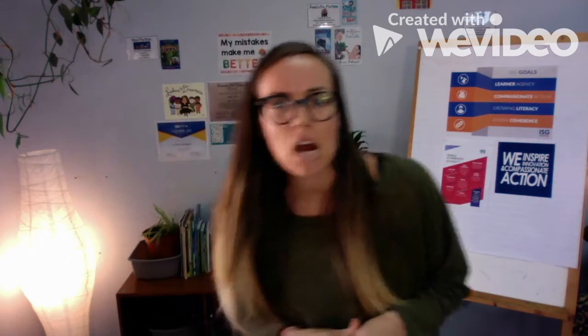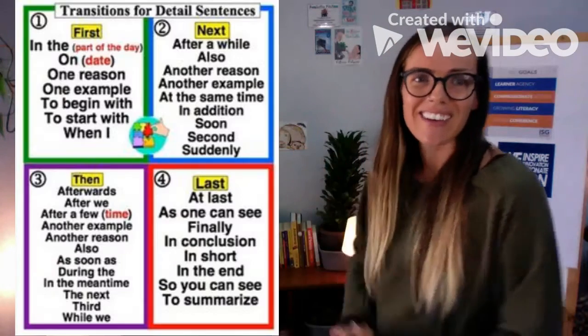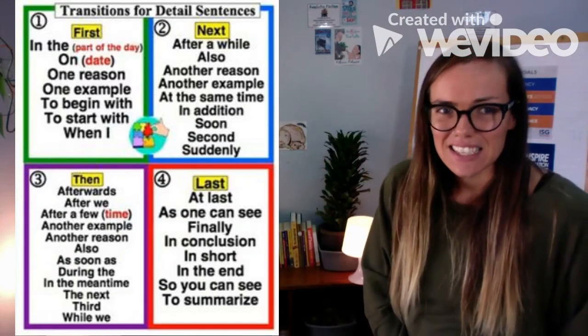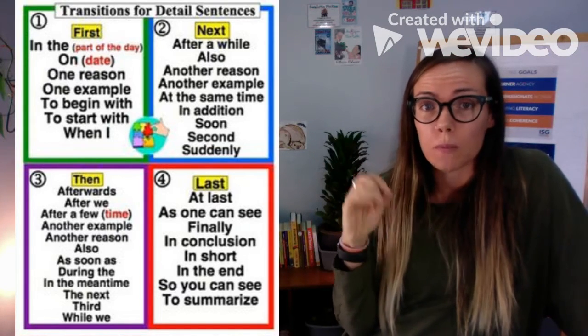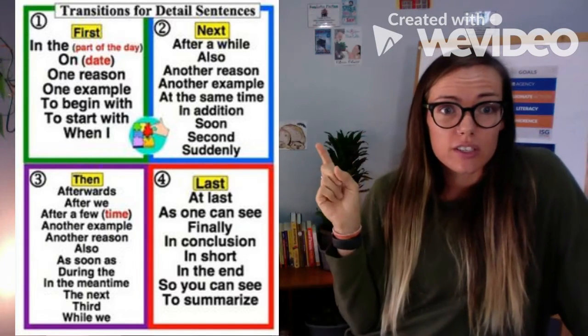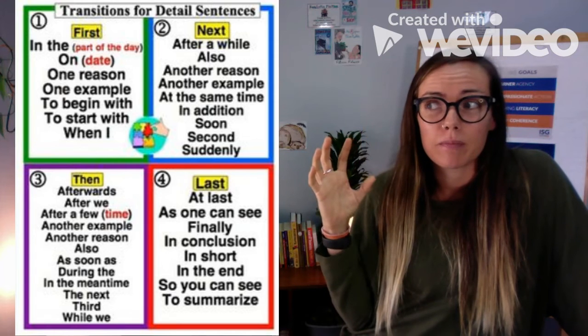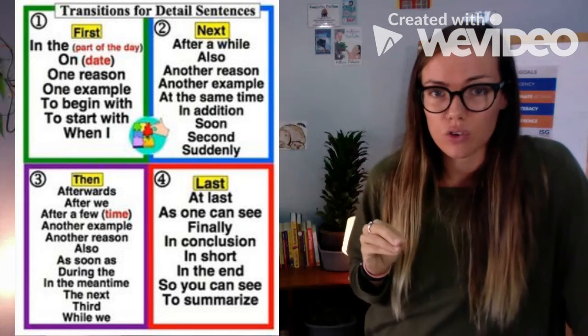So I want to share one other little helpful tool that you might think about that has lots of other transition words that you could think about including. Let's put that one over here. So on this infographic, we see 4 sections of transition words. So you can see first are things that you might put in the beginning of your text, right?